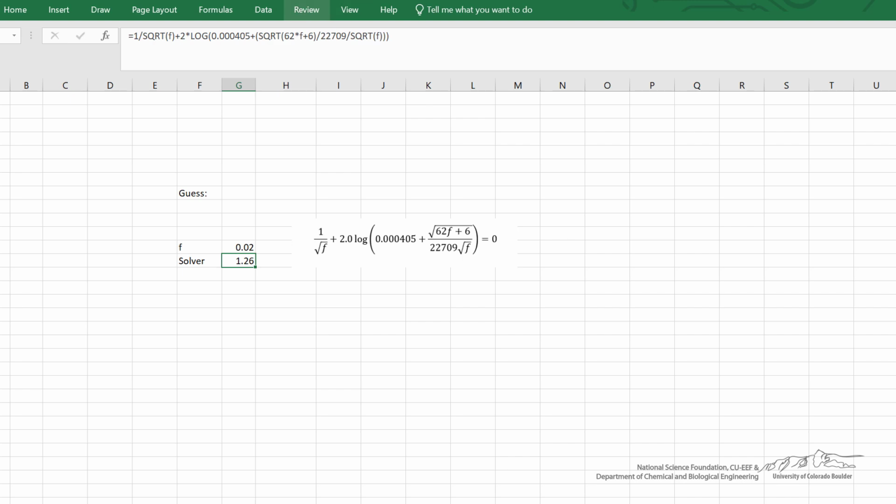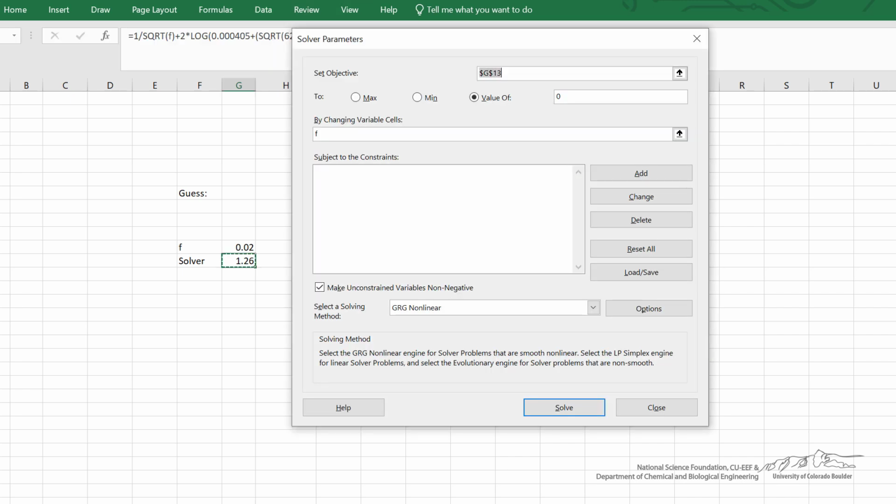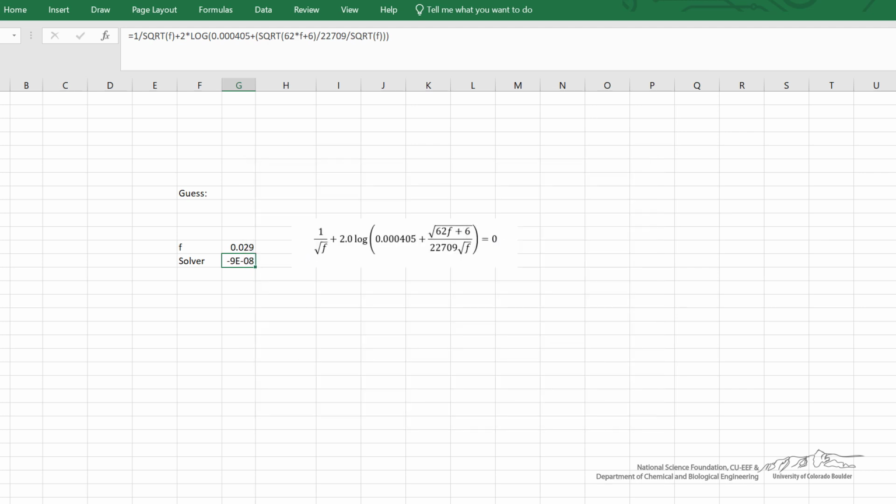So we go up here, we go to data, we go over to solver, and what we want is to set this cell equal to a value of 0 by changing this cell right here. And when we do that, we come up with here a number that is virtually 0 with a friction factor of 0.029.